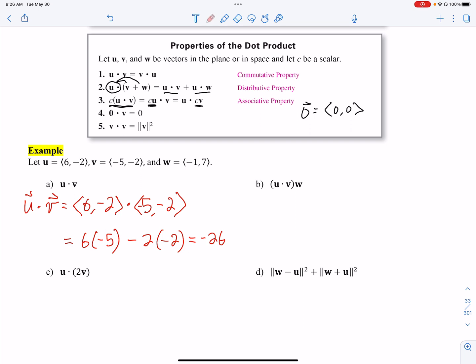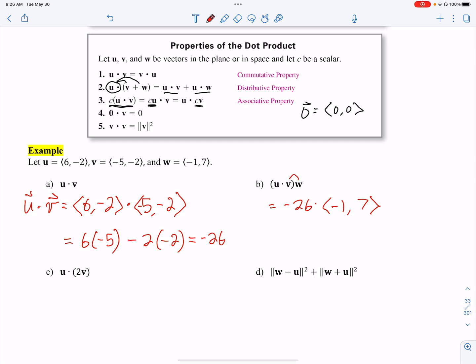Right, we have this next one. So we can dot and then multiply. Let's think about what makes sense here. u dot v is going to be a scalar, and then w is a vector. So this is going to be a scalar times a vector. So I really can't change much. I'm going to do my u dot v, which we already have. We just did it. So we got negative 26 times w. Notice it didn't make sense to say that we could distribute or anything like that, even though it looks like we should be able to.